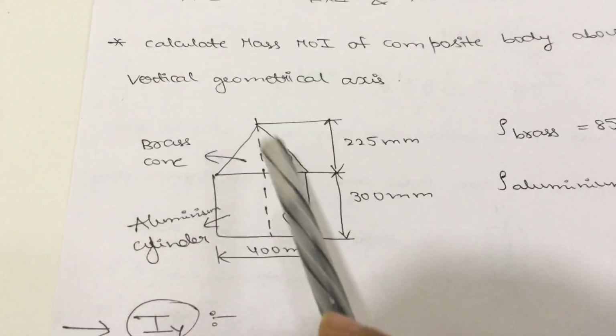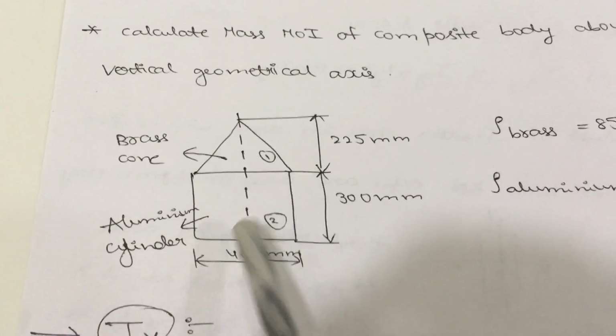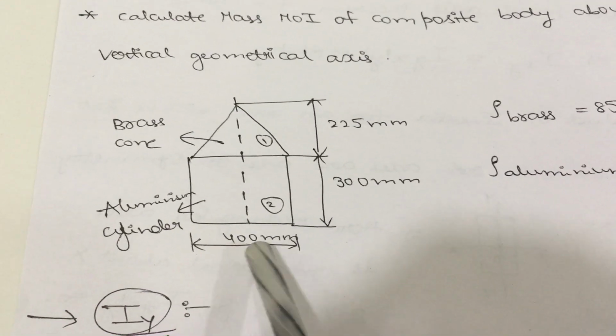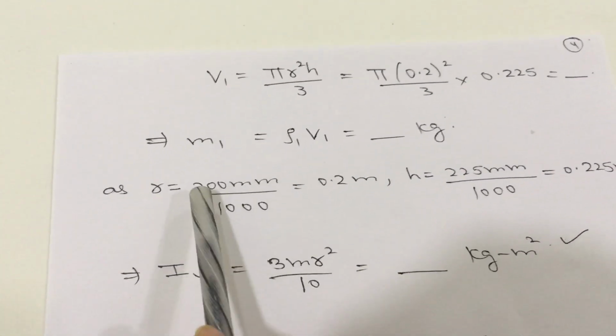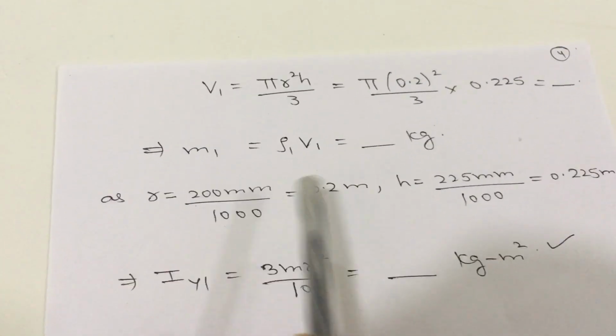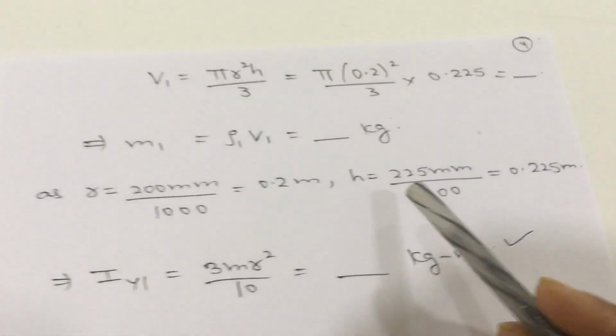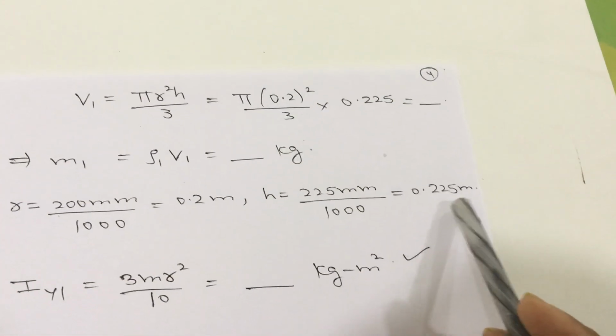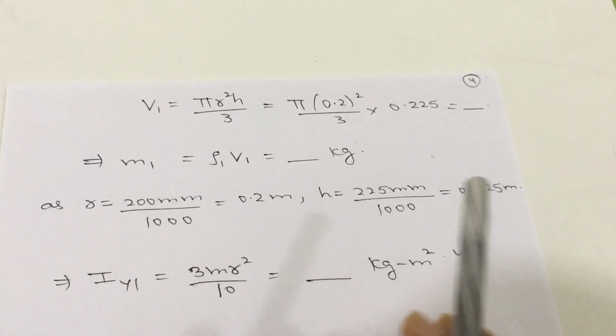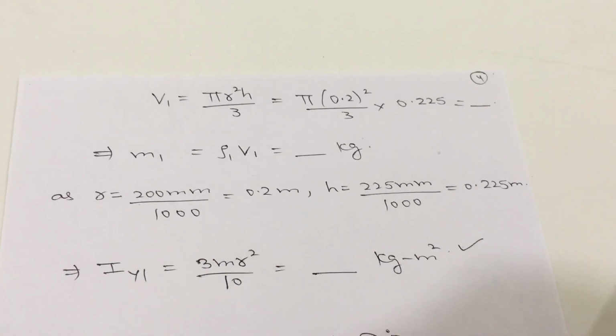Here, for the cone, diameter is given as 400 mm, so the radius value will be 200 mm. So 200 by 1000 conversion into meters, 0.2 meter. Next, the height value for the cone is given as 225 mm. So 225 by 1000, 0.225 meter. So convert everything which is given in terms of mm into meters.